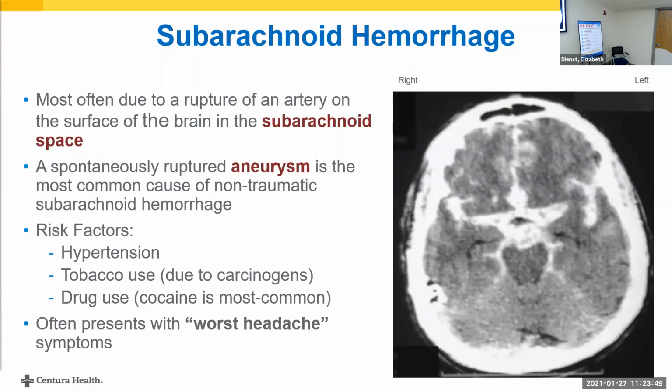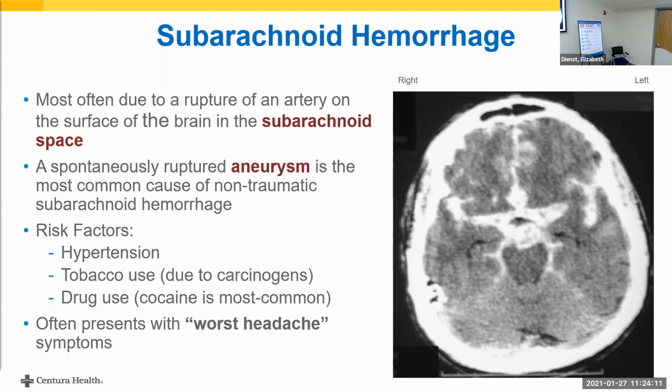Again, I talked about how you can have an aneurysm that causes your subarachnoid hemorrhage, or you can have a non-aneurysmal, non-traumatic cause of your hemorrhage. The biggest risk factors for this, again, are high blood pressure, hypertension, and tobacco use.